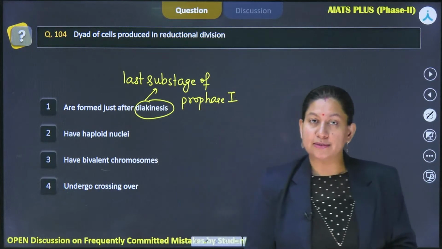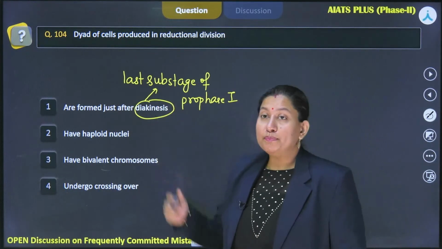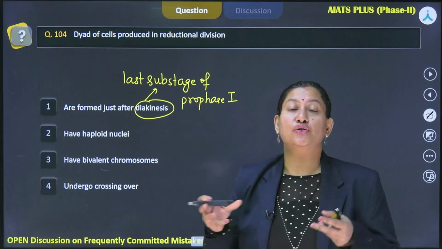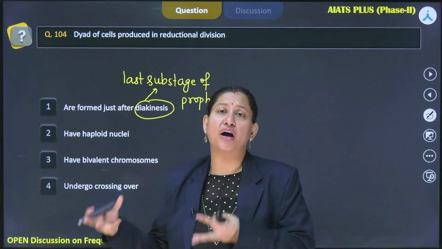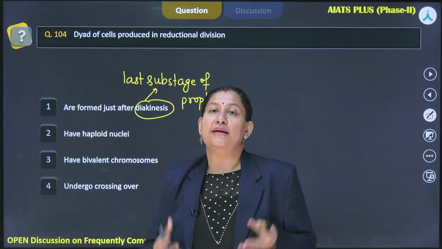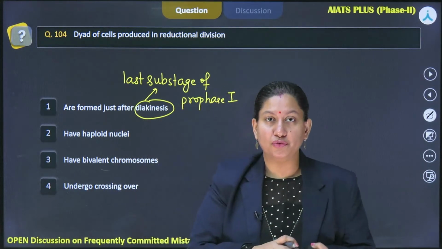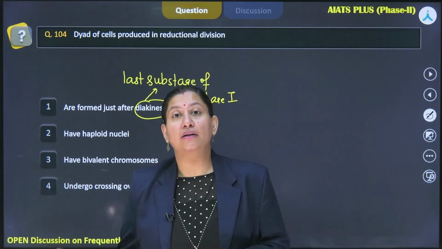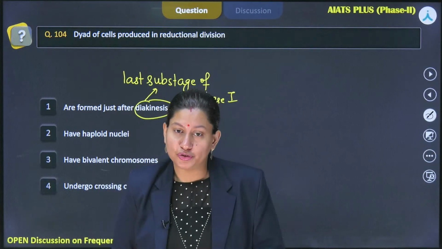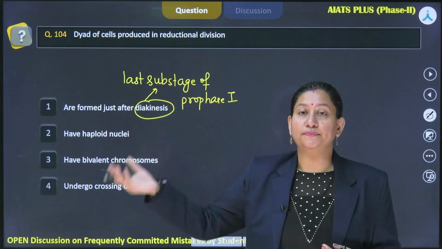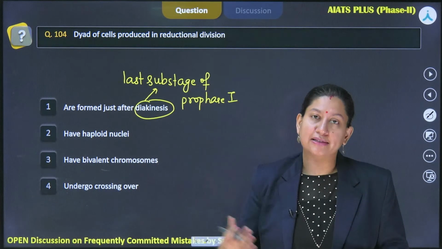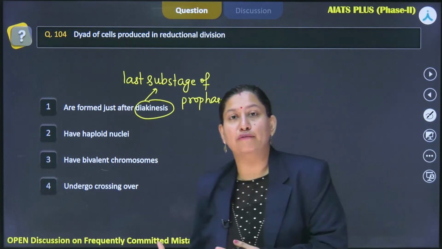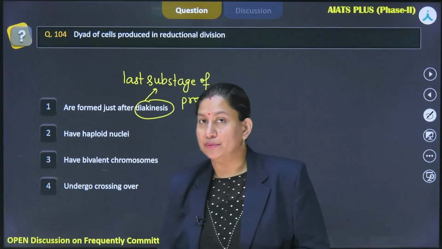or disintegration of the nuclear membrane and nucleolus. When the prophase is completed, there are certain steps of karyokinesis that remain, like metaphase, where there will be an alignment of chromosomes on the equatorial plate. Then in anaphase 1, there will be separation of homologous chromosomes, and in telophase, again reassembly of the nuclear membrane and the nucleolus.